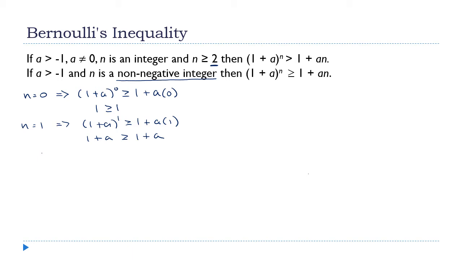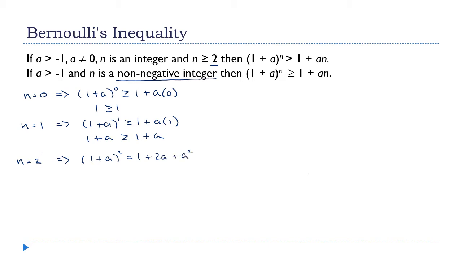Now when we get up to 2, we can tighten things up, and we're able to do a strict inequality. So let's see this for n equals 2. If I put 2 in here, this is (1 + a)^2. That's the left side. Now let's multiply this out. This is 1 + 2a + a squared.